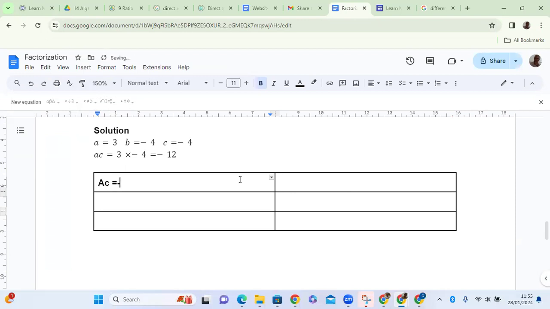ac is equal to negative 12. And b, this must be small b, is equal to negative 4.